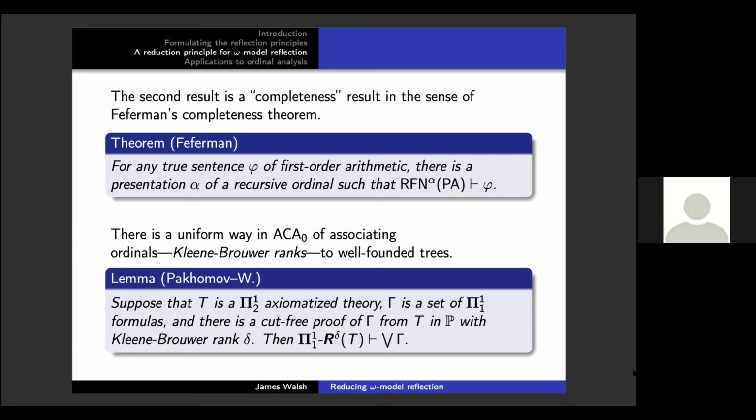And then when we iterate reflection along the linear order for this proof, we get our result. But the point is, sorry, it's really my bad. I misunderstood what the lemma is. So it should all be right. I'm really sorry. Yeah, I saw that. So it's about true pi11 sentences. It's fine.